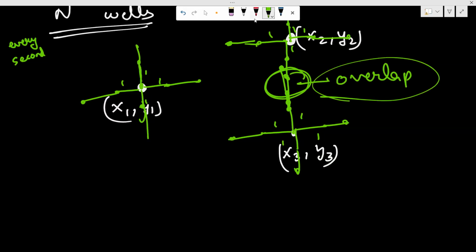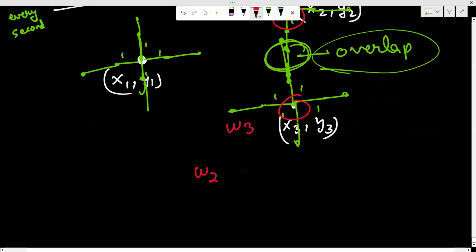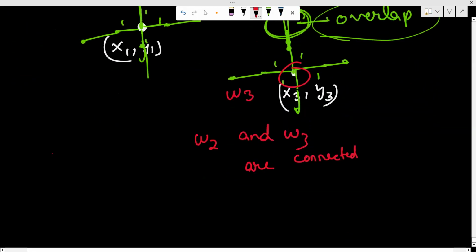If it overlaps, we can say that, suppose this is well number 2 and this is well number 3, then well 2 and well 3 are connected. Similarly, if well 1 and well 2 get connected, we can say that well 1 and well 2 are connected.